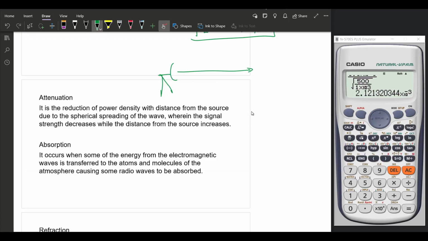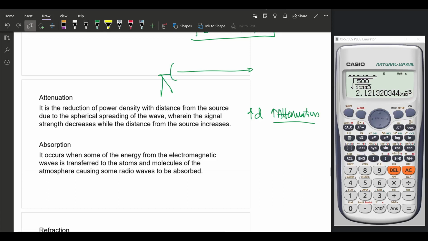Okay? So kapag lumalaki yung distance from the source, tumataas yung loss niya or mas lalo siyang nag-attenuate. Kaya kapag longer distances, mas malaki yung attenuation ng signal mo compared dun sa short distances. So that is the effect of the atmosphere of the Earth and the space mismo.